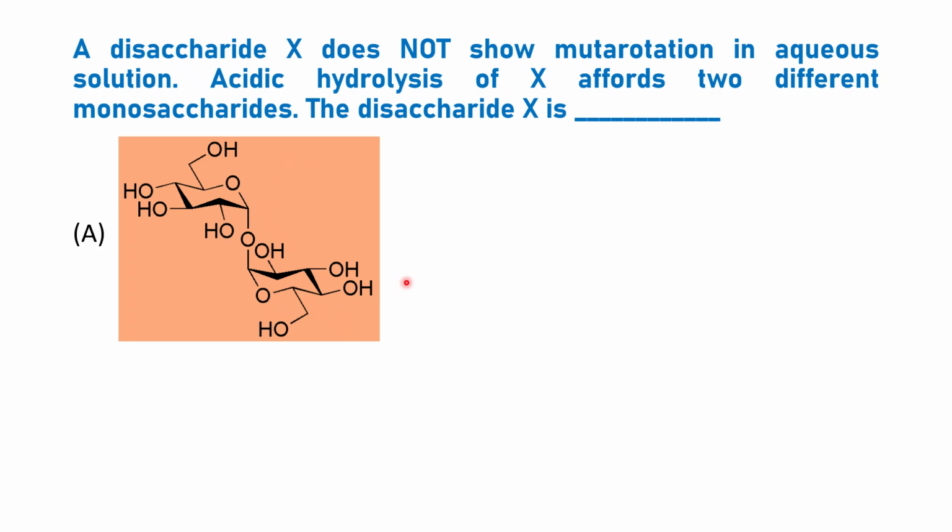Whereas when you see the second carbohydrate, again in the second carbohydrate, this particular place is also the first carbon, or the anomeric carbon. So in this particular structure, both are anomeric carbons, and both the anomeric carbons are involved in the formation of the glycosidic linkage. So this particular molecule will not show mutarotation because there is no possibility of the molecule to open up into the open chain because the hemiacetal groups have been removed and acetal has been formed.